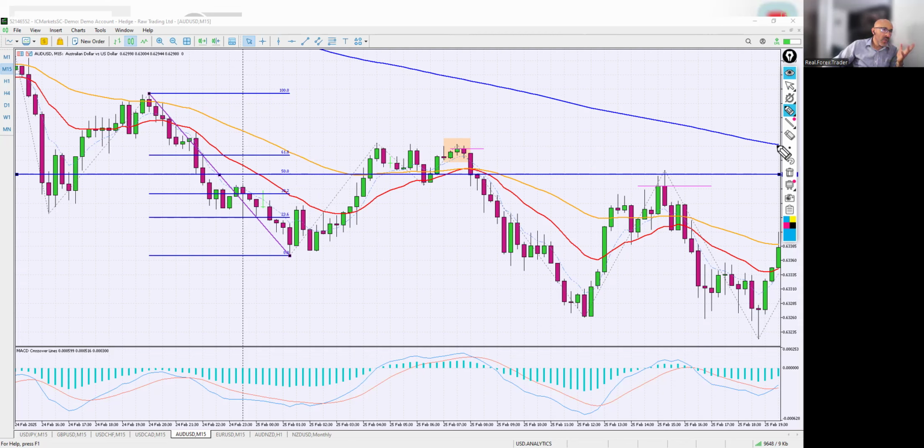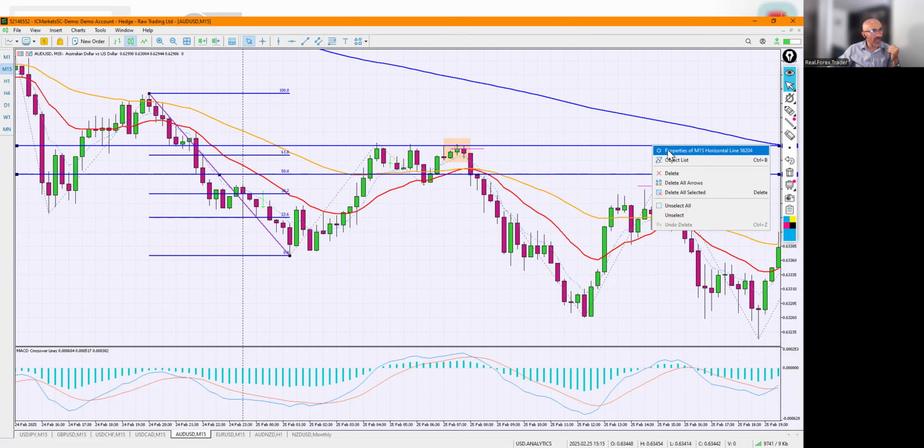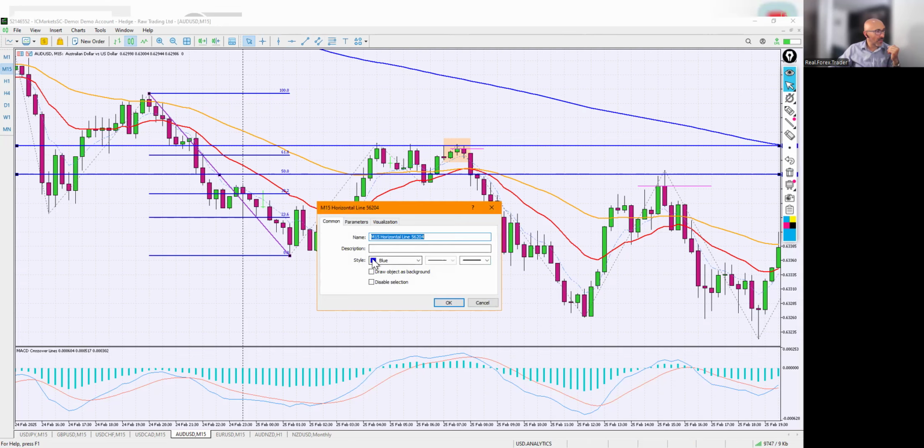Now, where should I place my stop loss? Ideally, I should place it here, right, above the wick of the red candle. So this is my stop loss.